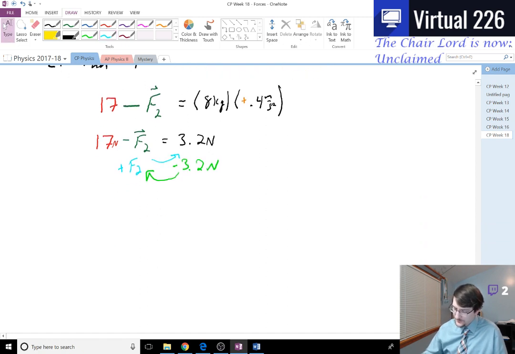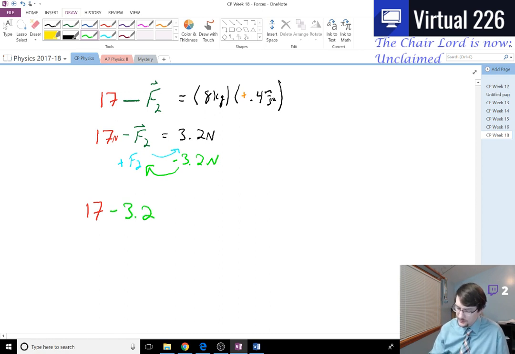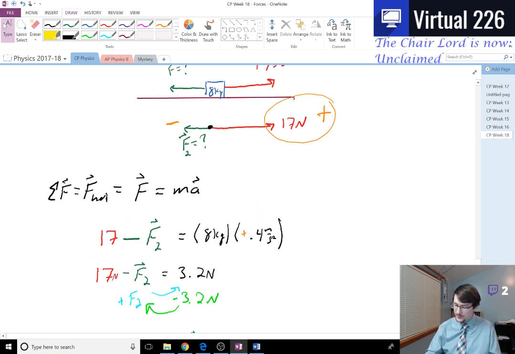If we rewrite this, what we're going to have is 17 minus 3.2, all of that in newtons, equals F2. And 17 minus 3.2, you don't need a calculator for that, but if you wanted to, you could. 13.8 newtons. That's how much force is pulling to the left on this block. So this up here is actually 13.8 newtons. That was our mystery unknown force.